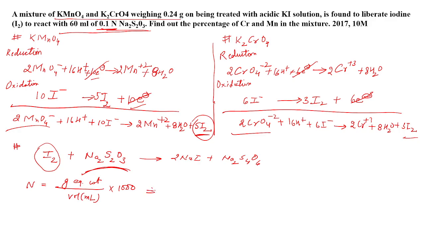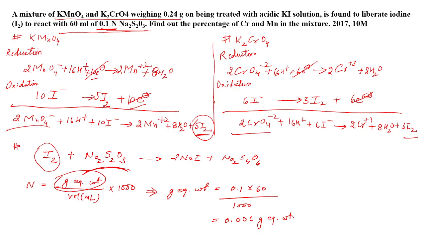And if you solve this further, you need to find out this gram equivalent weight. Normality is already given as 0.1, volume is already given, which is 60 ml, and divided by 1000. So it will give you 0.006 gram equivalent weight, right?